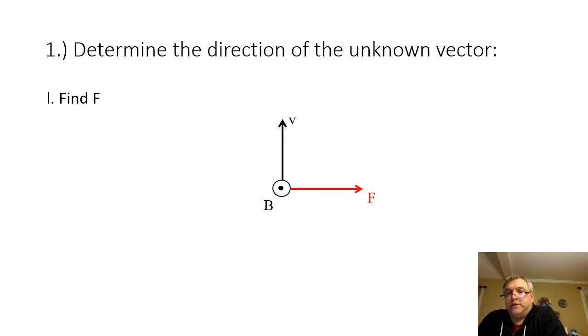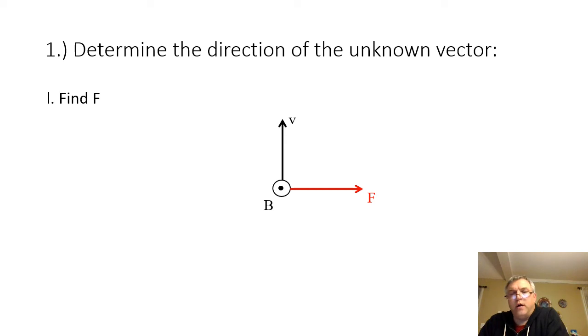One last thing I want to say about these problems, remember that we have three variables, whether we're dealing with the second or third right-hand rule. For the second right-hand rule, we have the force, the magnetic field, and the current. For the third right-hand rule, we have the force, the magnetic field, and the velocity. We have three axes that we are working with, the x-axis, the y-axis, and the z-axis.